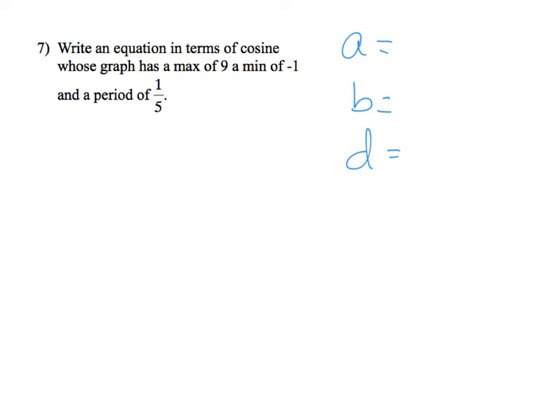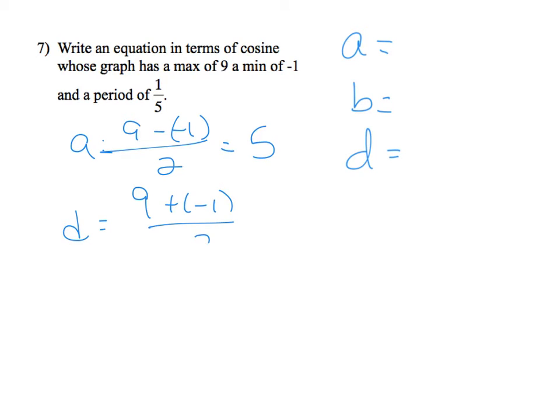All right, so A, max. Okay, that's A. And then it's max minus min divided by 2. So that's 10 over 2 or 5. D, max plus min divided by 2, which is 8 over 2, or 4. And then b, we just do 1/5 equals 2 pi over b.